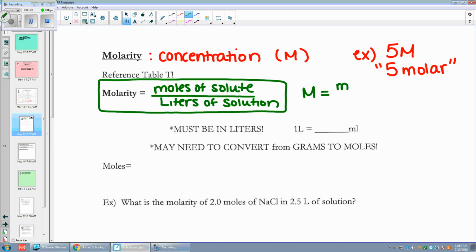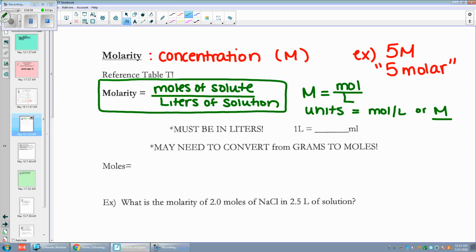Molarity, capital M, is moles over liters. And actually, the units, you got it. Units equals moles per liter, or I just write it as a capital M. So very easy. That is your units.